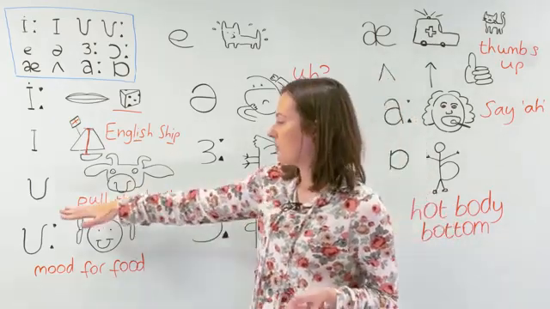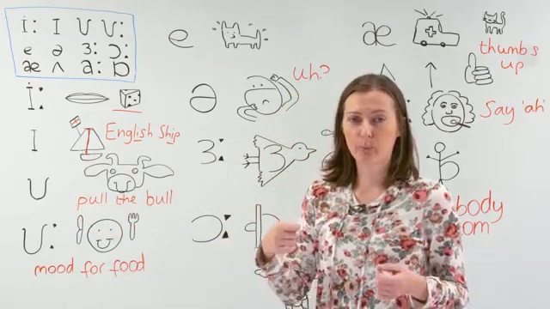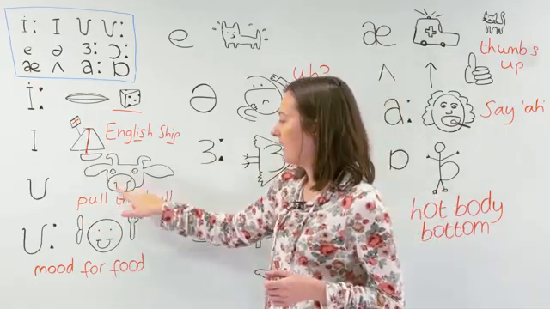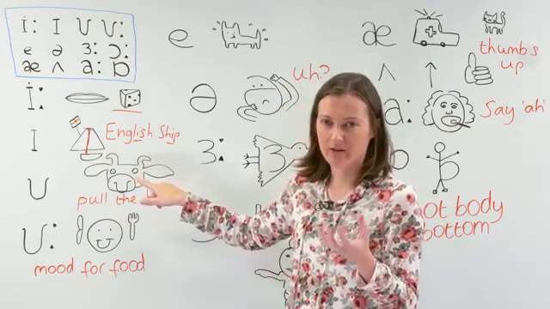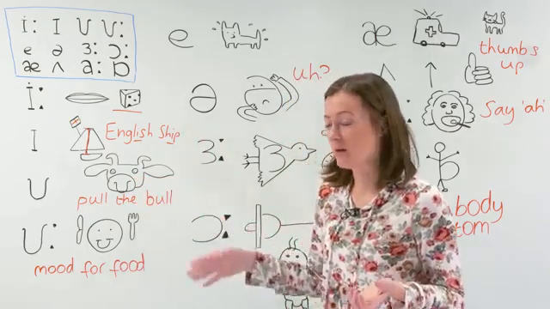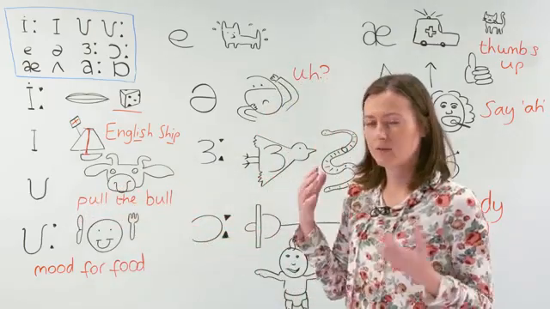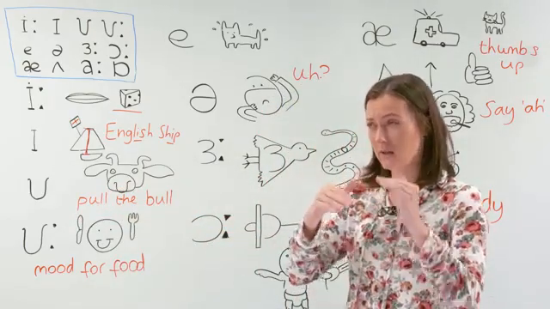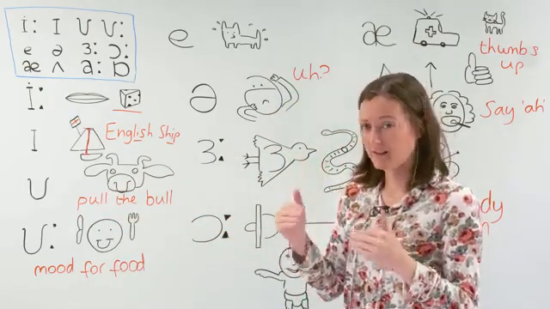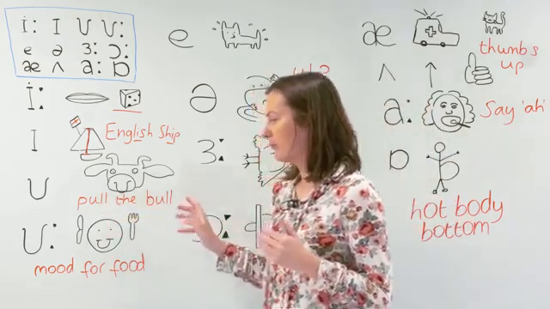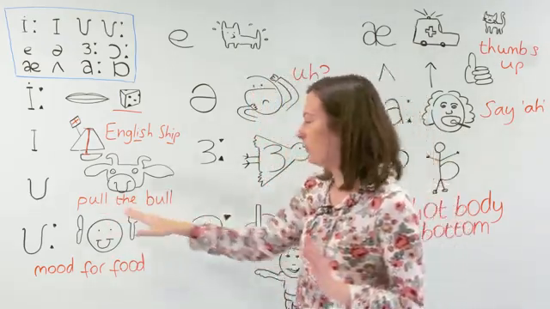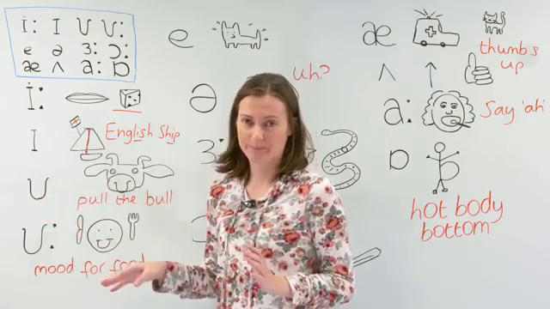So if we say the phrase pull the bull, and we see that picture in our heads, that can help us remember. And also what's good to know about these words, if you listen to me say them, the sound is slightly different in them. Pull the bull, but the two words have that sound in.